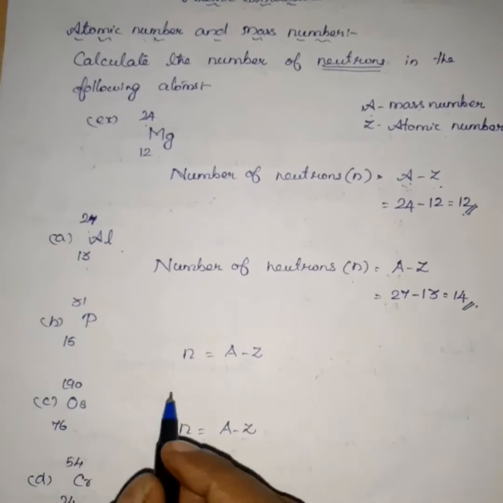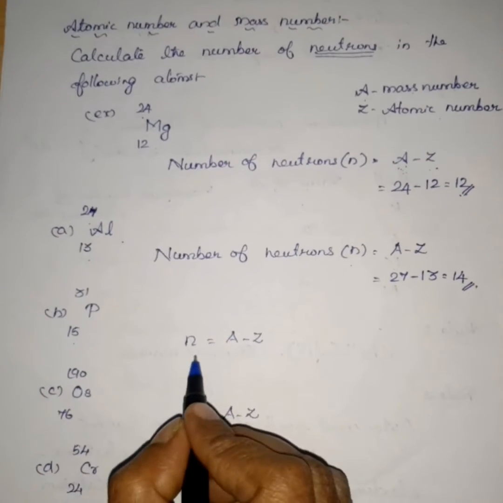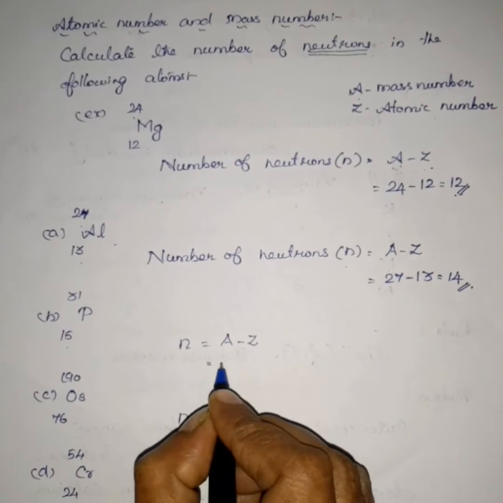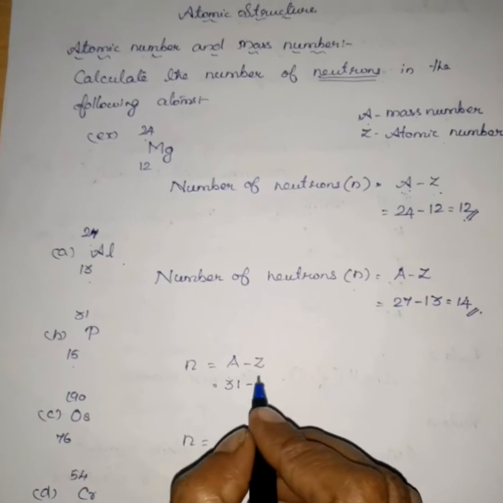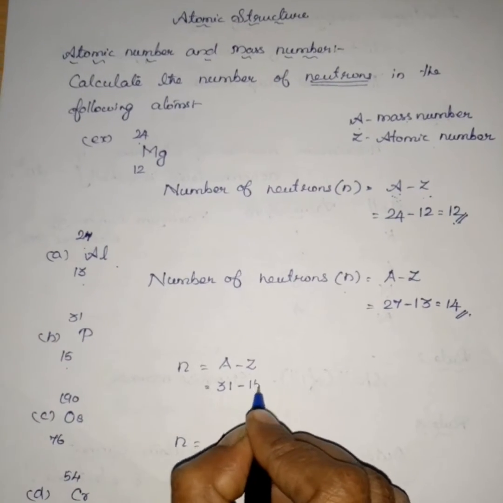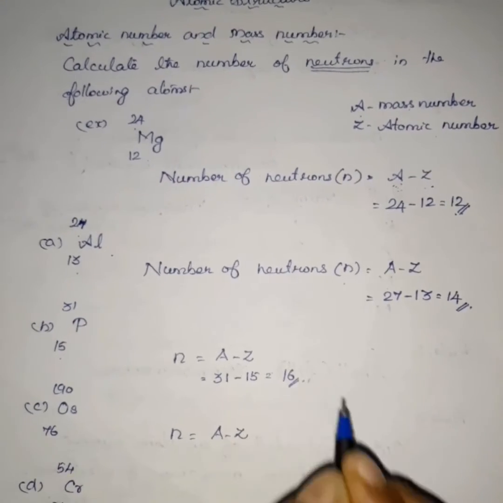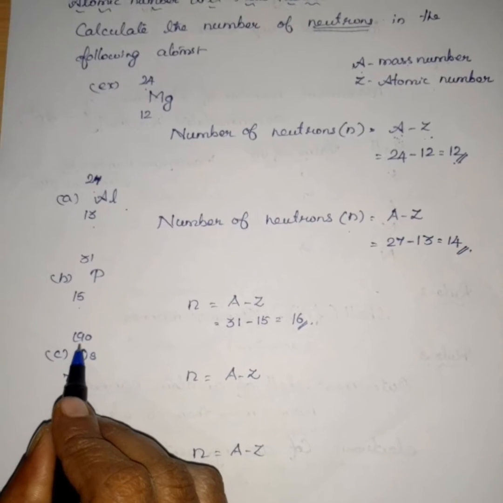Next one, P, 15, 31. N is equal to A minus Z. A is 31, Z is 15, so 31 minus 15 is equal to 16. Next, Os, 76, 190.